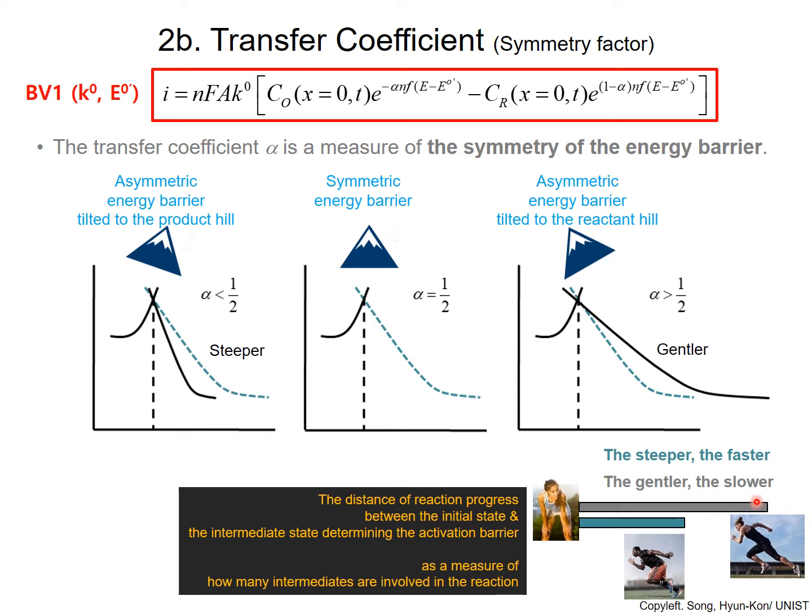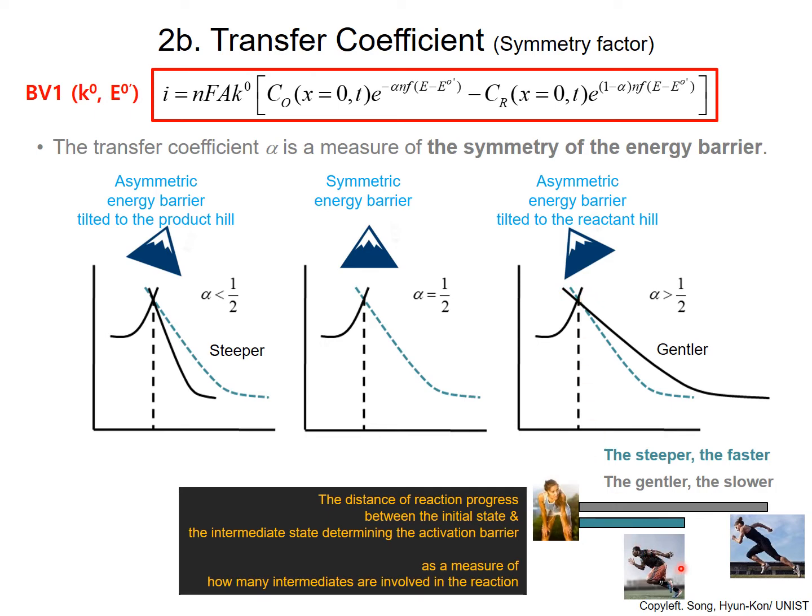Therefore, a longer distance indicates we should experience more intermediates before going to the top of the mountain. It means slower kinetics. On the other hand, if you have a shorter distance between the initial state and the intermediate state, it means we have a smaller number of intermediates before going to the top of the mountain.